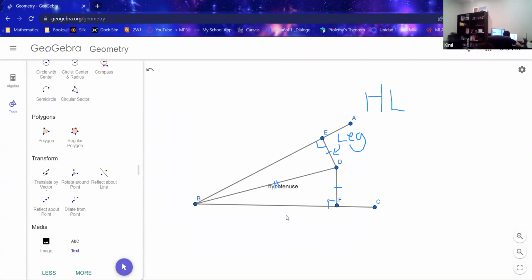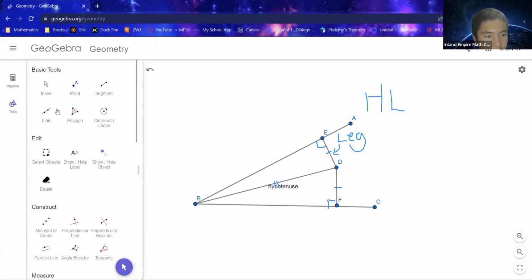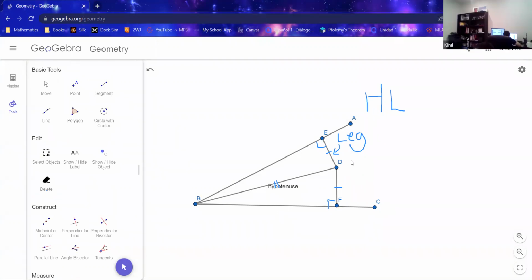What are the other lines? Are they just called lines? Well, they're called the sides of the triangle, but in a right triangle, the longest side, the side opposite the right angle, is called the hypotenuse. The other two sides are called legs. So this is also a leg.